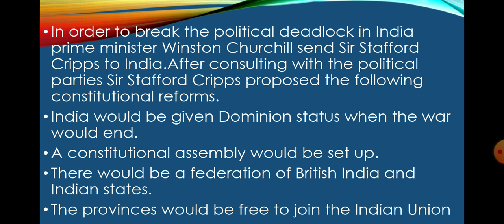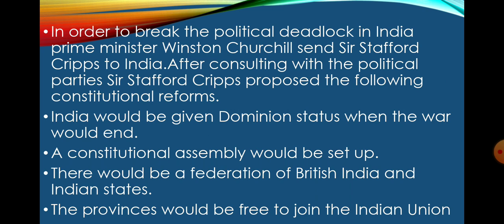So the proposals of the Cripps mission were promises only. The first promise, India will be given dominion status. You remember when the civil disobedience movement started, at that time itself, Indians were demanding complete independence, so they may not be happy with dominion status.